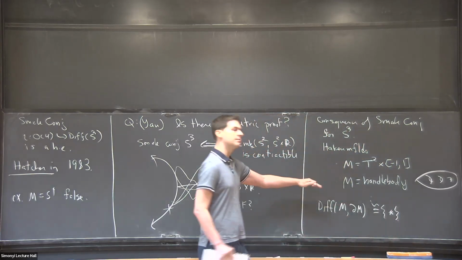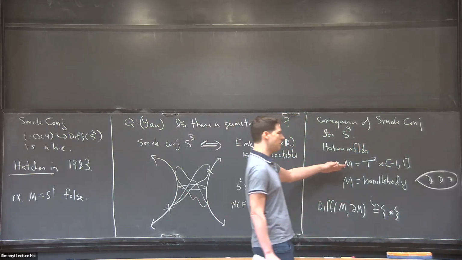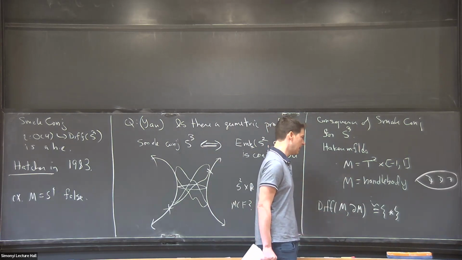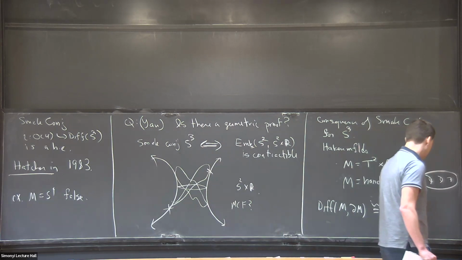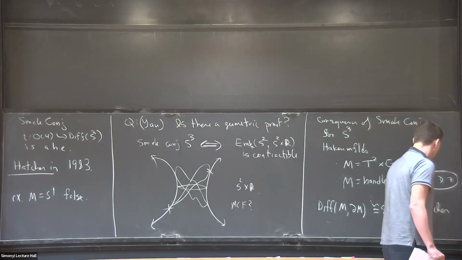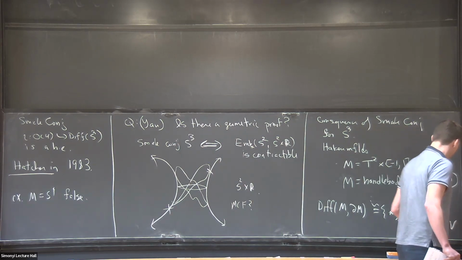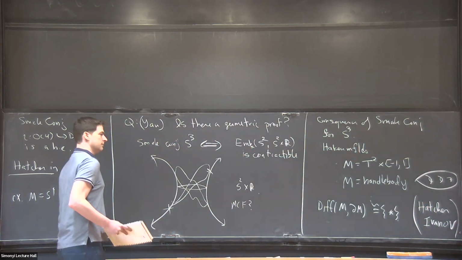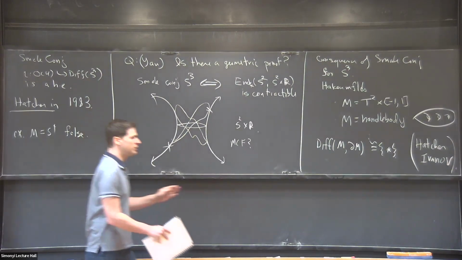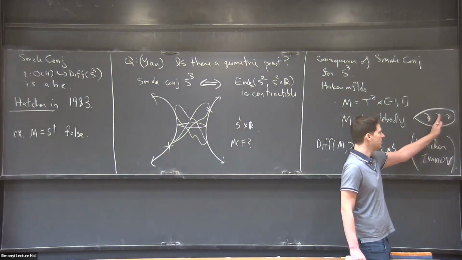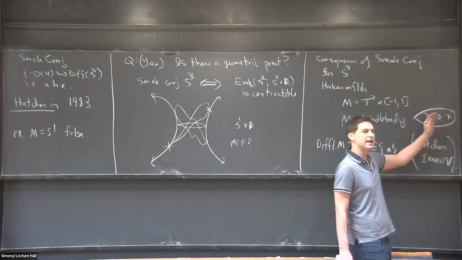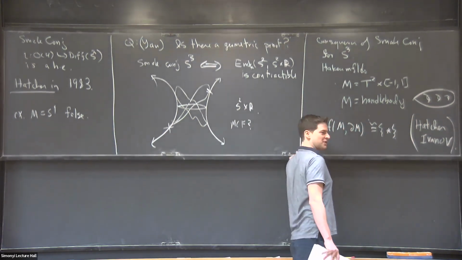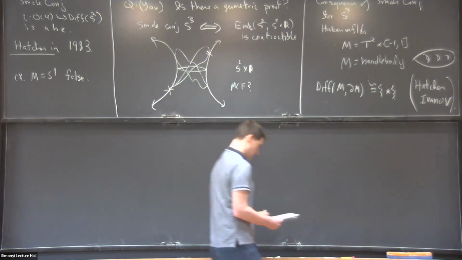Okay, so any diffeomorphism, if I give you some sphere of diffeomorphisms, there's a retraction down to one. Okay, and this was proved, again, by Hatcher and by Ivanov. So we're going to need that later. Basically, what you do is you chop the handle body with a bunch of discs, and then you reduce it to the case of the Smale conjecture for just 3 balls, which is equivalent to the Smale conjecture for S3.